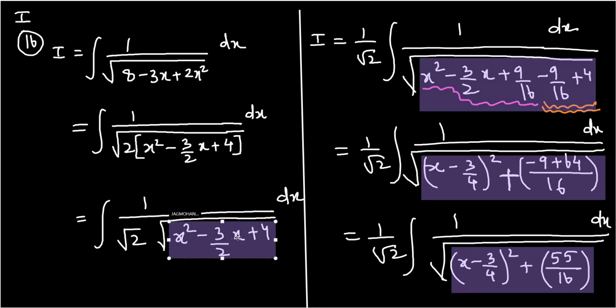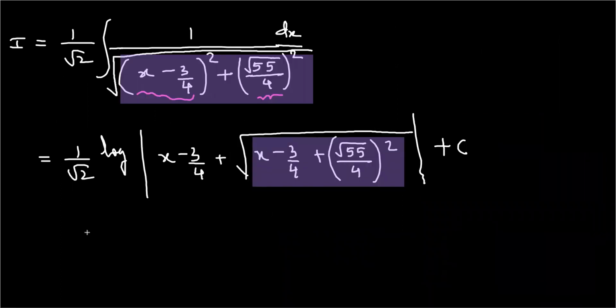Okay, so what I would do, students, in order to make my answer look compact, is x square minus 3 by 2 x plus 4. So here I will not write this. Instead I will write here, okay, I forgot to write this as a square. I have to write the square root as it is. So this was (x minus 3 by 4) the whole square, which I forgot.